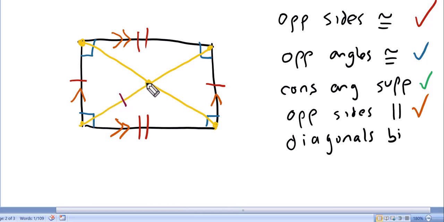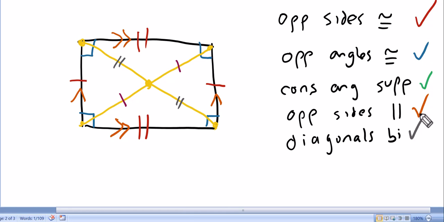So from here to this midpoint is congruent to this midpoint to this other vertex, and also this is congruent to this piece right here. So actually in this case they tend to all be congruent to each other. But anyway, that works out.